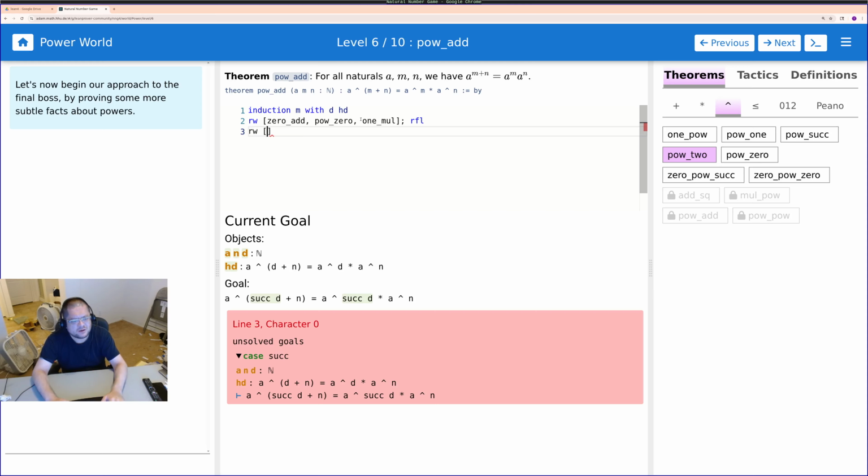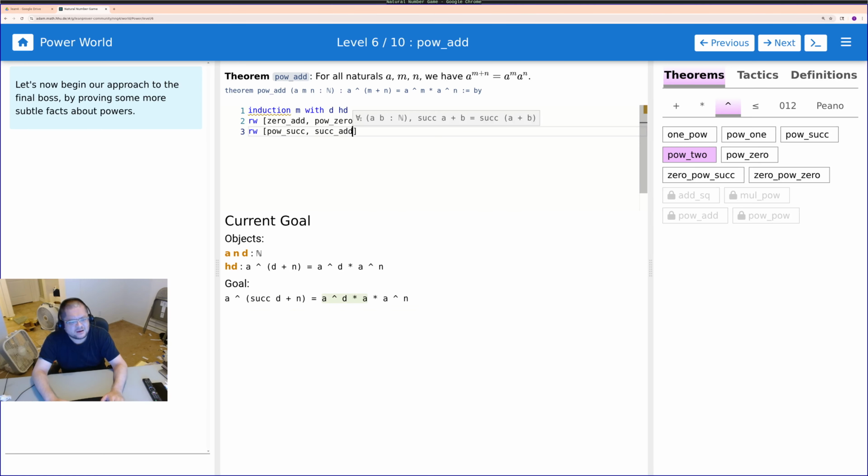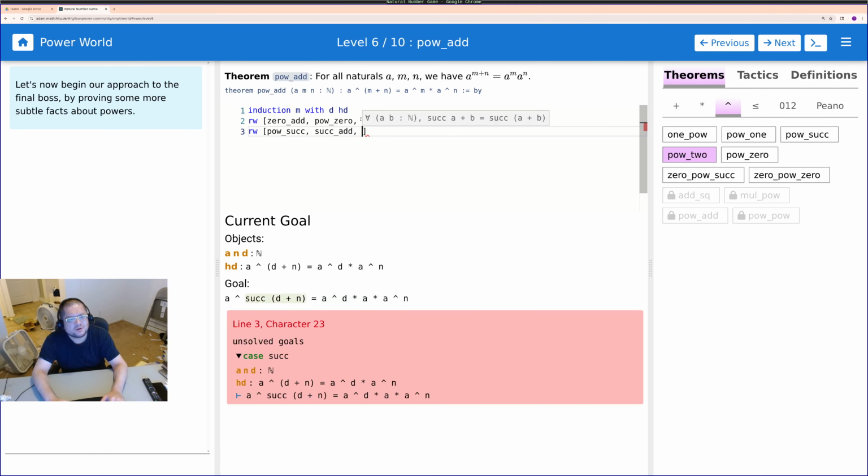Alright, we probably want to do power of successor. Then we want to do successor add. Then we want to do power of successor. And this will allow us to apply the inductive hypothesis. Actually, do we use initial power successor? No, we don't. We should do successor add first. Power of successor. We can now do inductive hypothesis. And now we'll handle the other side.